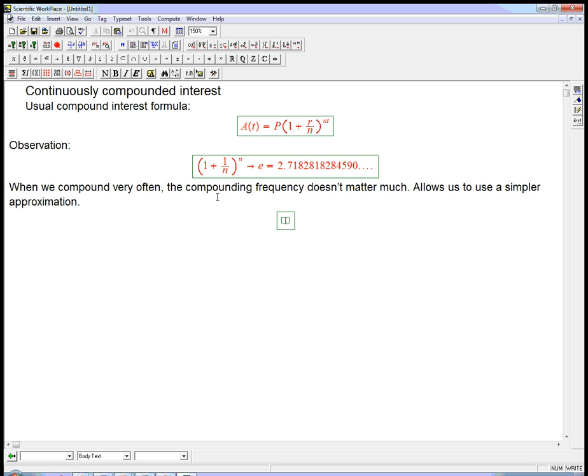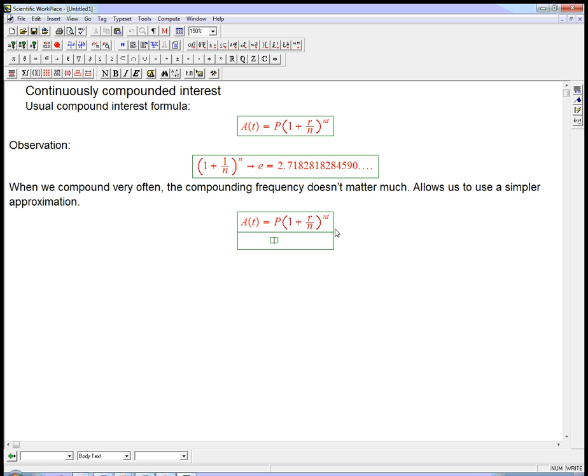But what about if we put everything else back in? If we put all the complication back in, then there are a couple of ways we could simplify that. First of all, the P is just multiplied on the outside. So if n is large, if I can figure out what this is doing in terms of this magic number e, then I'm just going to multiply by P on the end.